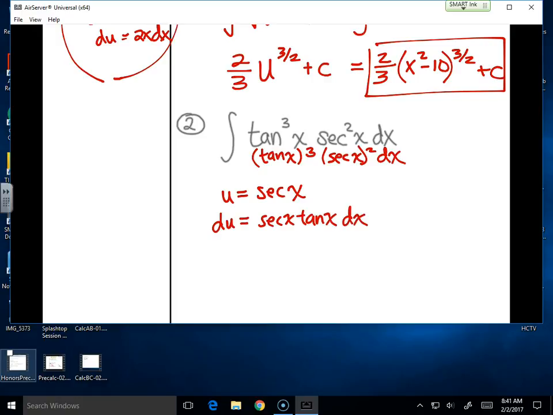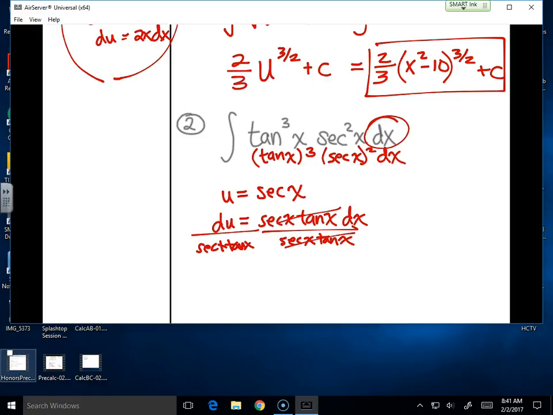Well, we could go ahead and say, well, I see a dx. Let's start there. Let's solve for dx. Let's go ahead and divide by secant tangent.